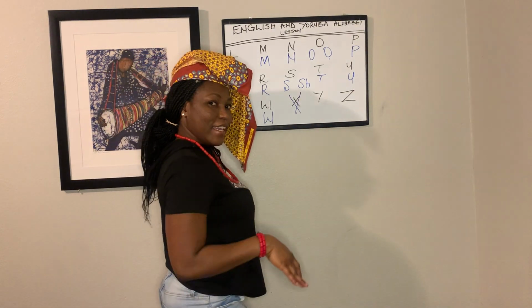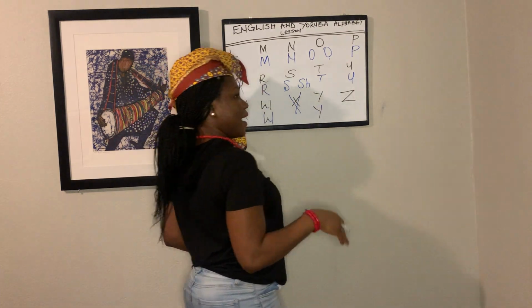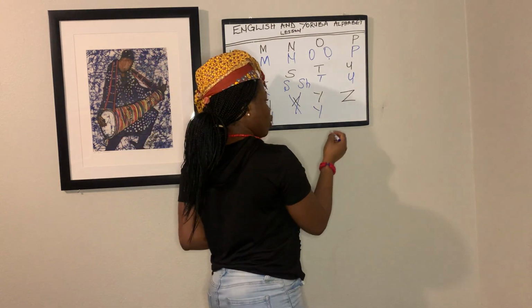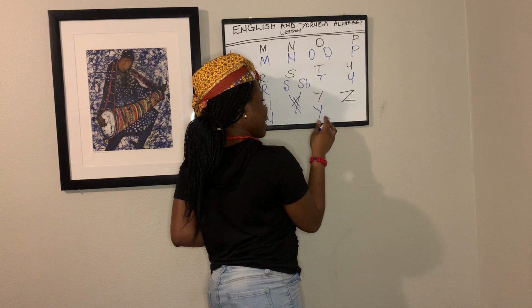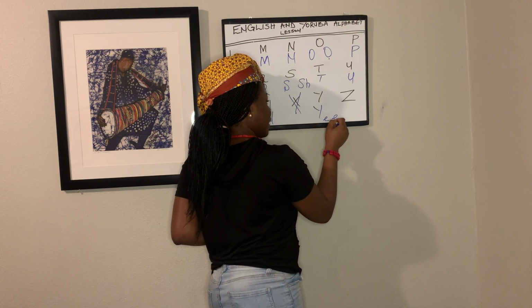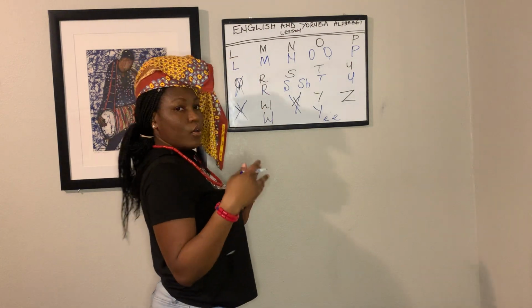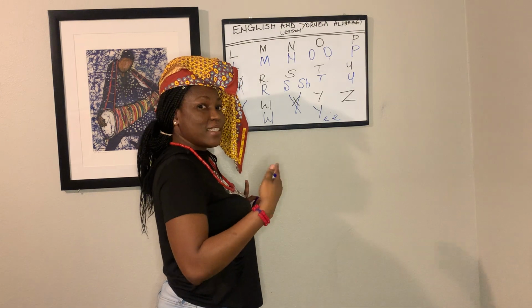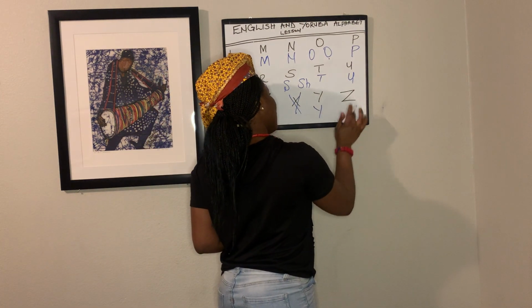And our Y is E. Remember in our very first video, I told you guys that we have two E's. Instead of calling our Y as Y, we call it E. And we don't have Z.